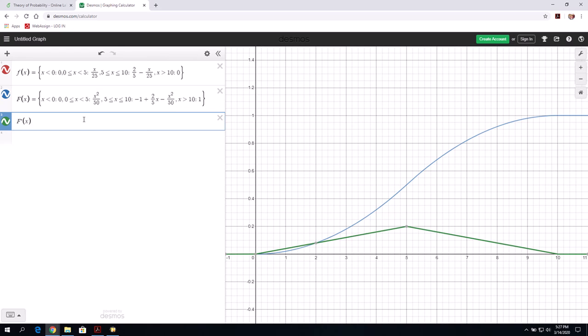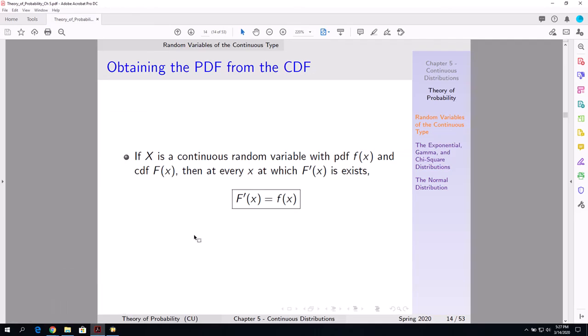But that's really affirming that when I took the derivative, okay, let me just erase that again, just so you see it disappears. The red curve is the density, the blue curve is the CDF, and watch what happens. Capital F prime of x is the green curve, and it's right on top of the red curve. So the derivative of the CDF is the PDF. That's a really handy thing to have in our back pocket.